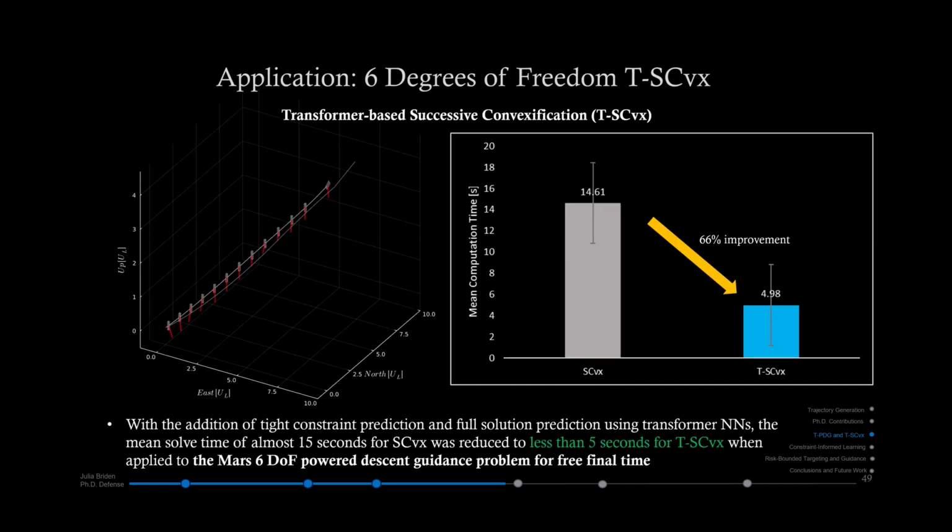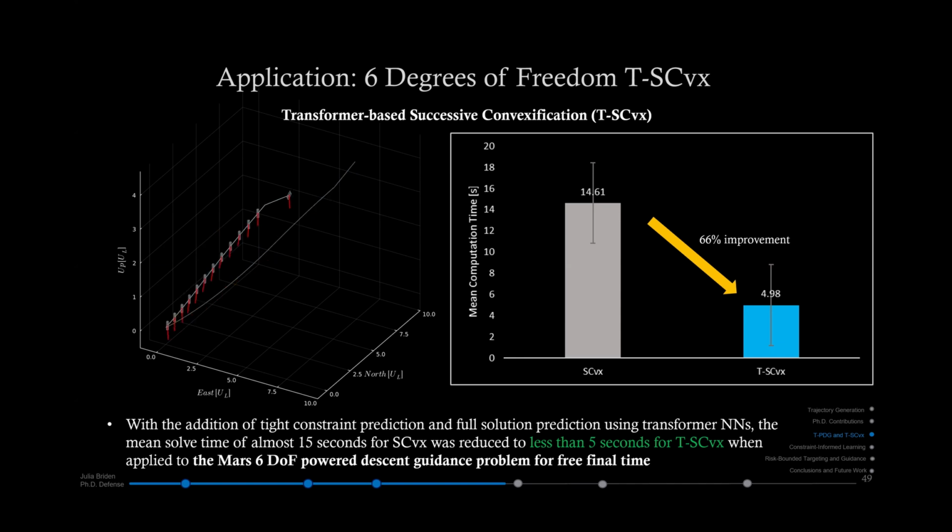So now for some timing results from TSCVX compared to SCVX. We included tight constraint prediction as well as full solution prediction using transformer neural networks. Our mean solve time of almost 15 seconds for SCVX was improved by 66%, and was reduced to less than 5 seconds for TSCVX for the non-convex problem.